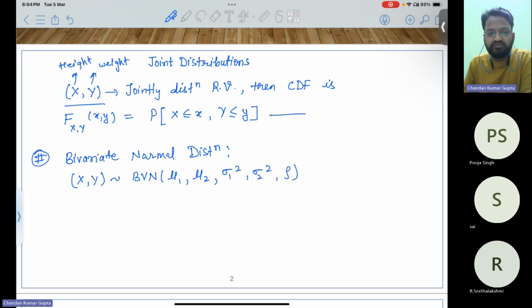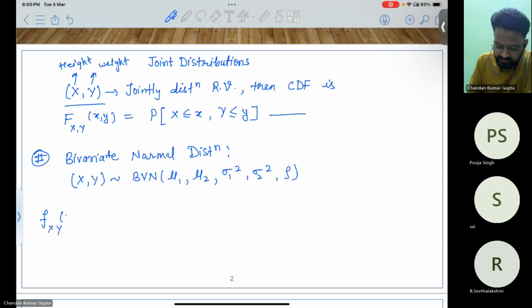Here mu1 and sigma 1 square are the mean and variance of the x variable, mu2 and sigma 2 square are the mean and variance of the y variable, and rho is the correlation coefficient between these two variables.